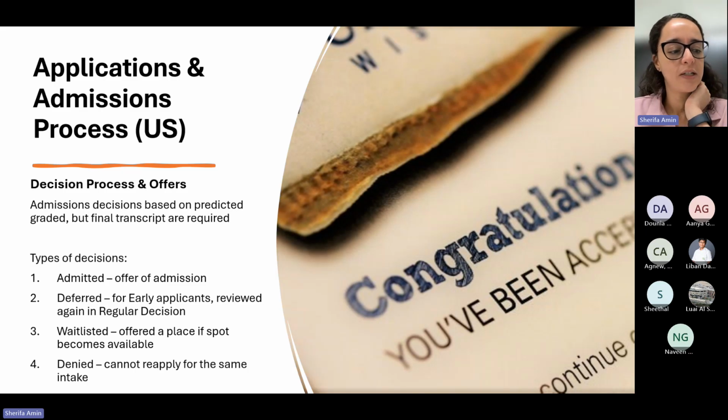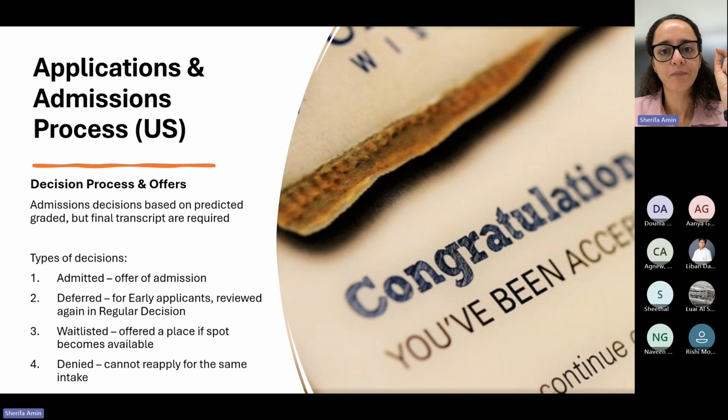Types of decisions: a student is either accepted to the university. If they're applying for early action or early decision, they may be deferred to regular decision.